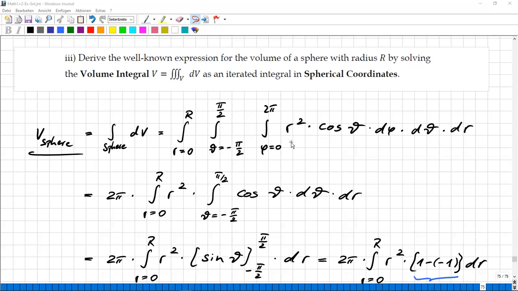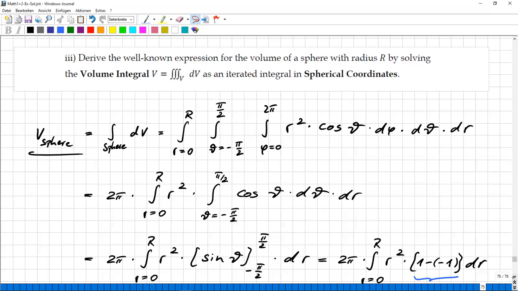Why? Because it's not affected by this integration. So I can just leave it alone and put it where it has to be considered later, right? And so the integral I have to solve now is an integral of cosine of theta over theta, and then inserting from negative pi half to pi half.